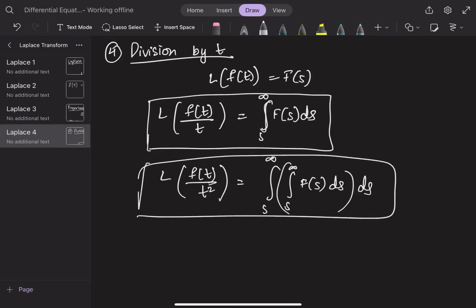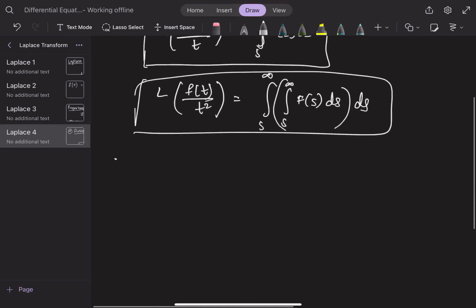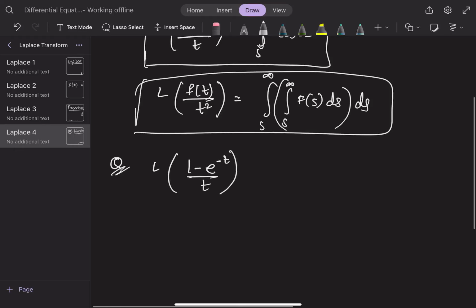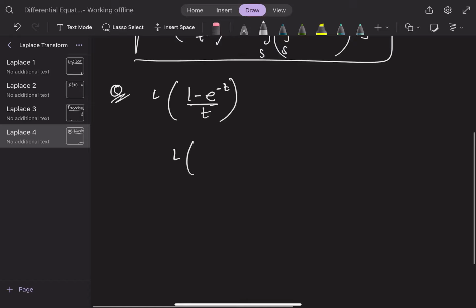So let's take an example. Laplace of (1 minus e raised to minus t) divided by t. So first let's find out Laplace of 1 minus e raised to minus t. This is Laplace of 1 minus Laplace of e raised to minus t.